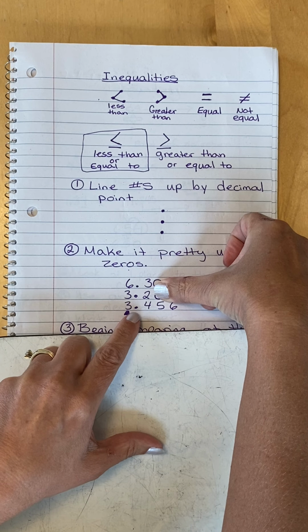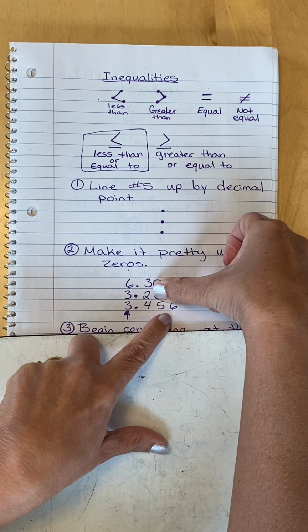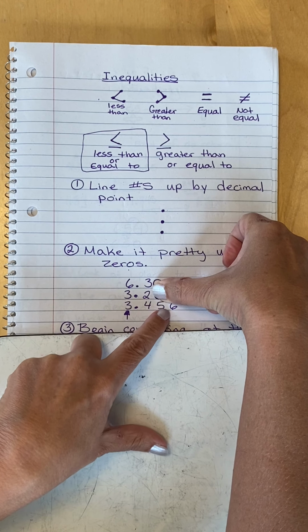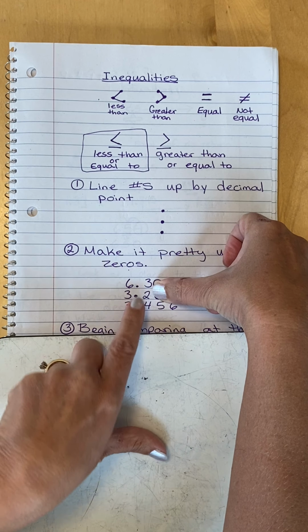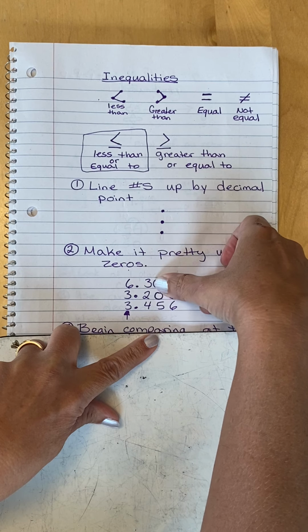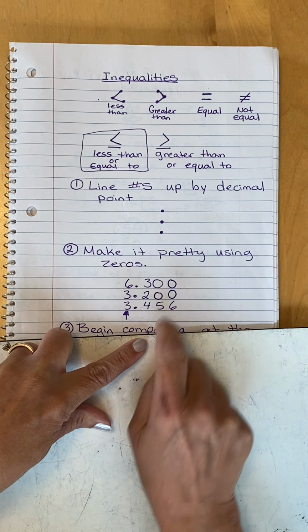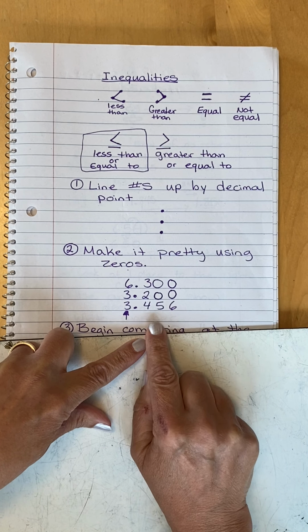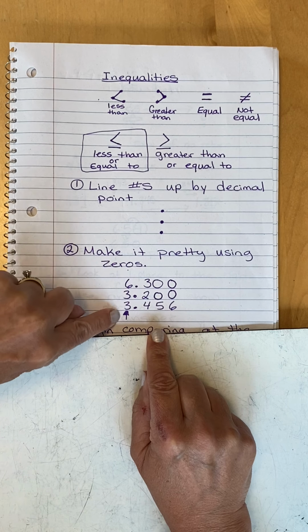But I had 3 and 456 thousandths. Well, you might think, well, 456 is more than 2 or more than 3, but we start comparing. First of all, we put our zeros. So now it all looks much easier for our brains. And we start comparing at our largest place.